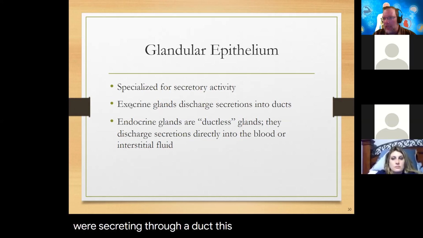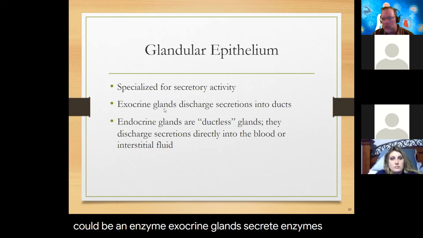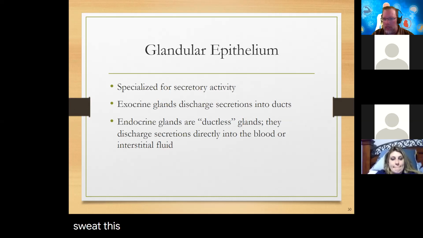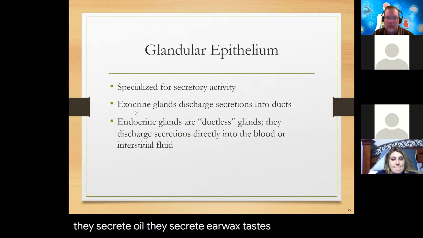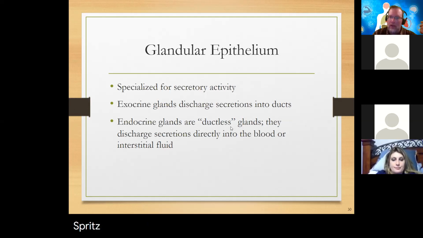This could be digestive. It could be an enzyme. Exocrine glands secrete enzymes, sweat, oil, earwax. They secrete all kinds of good stuff. Endocrine glands do not have ducts. They spritz their chemistry, which we call hormones, directly into the bloodstream.